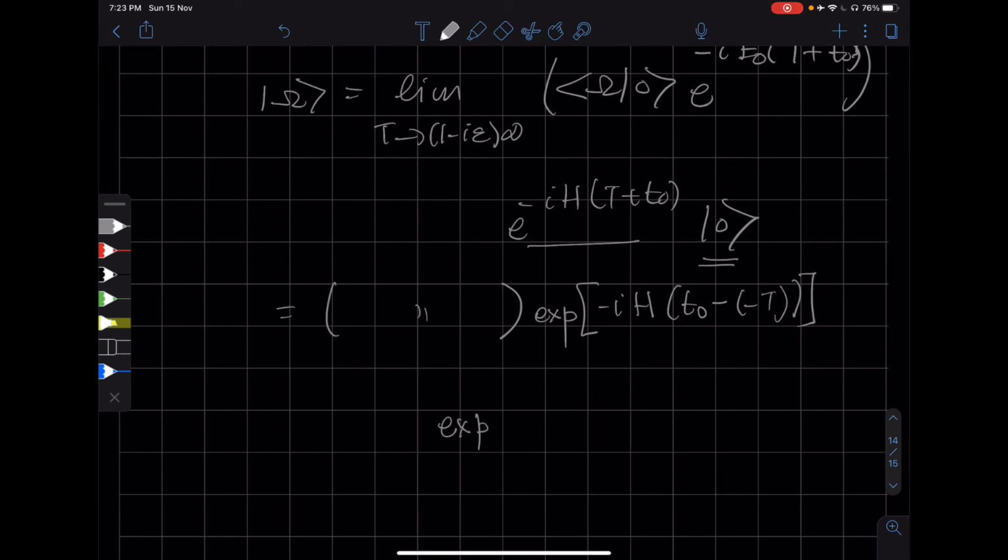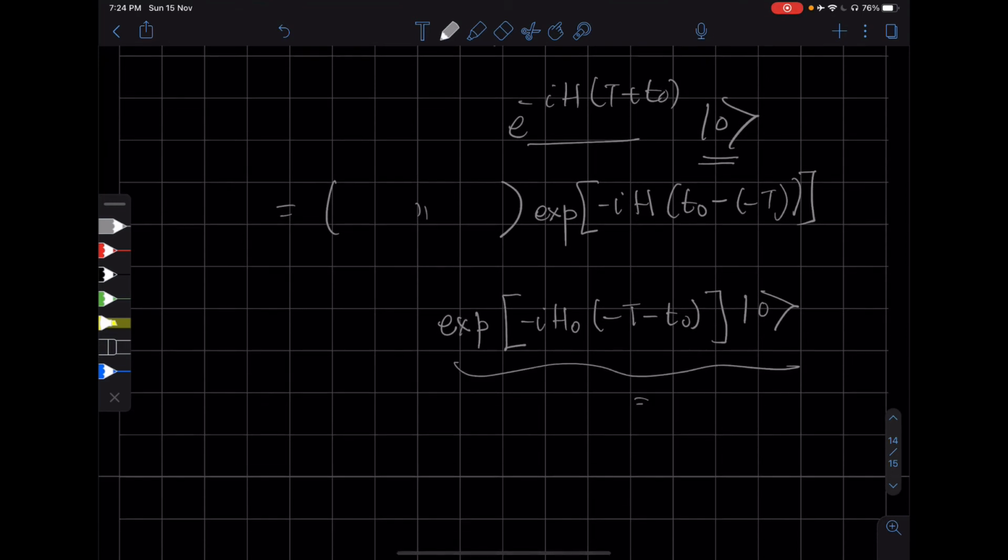So we can write this as exp to the power of −iH0 (−T − t0) acting on the free vacuum.